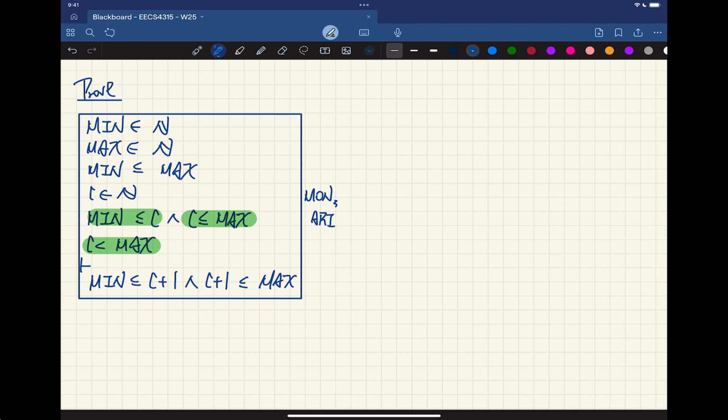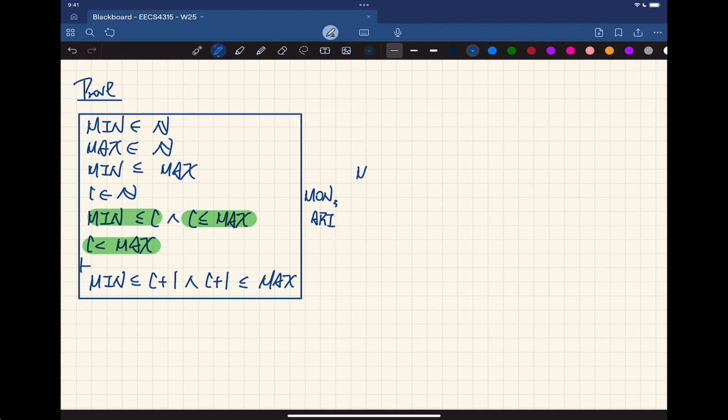So here I'm simply going to separate the conjunction. Any conjunctive hypothesis, we know that we can put into separate lines. I can say this hypothesis is one line, and this other hypothesis would just be another line. So now after this, I can greatly simplify what we have to prove. I'll go a few steps further.